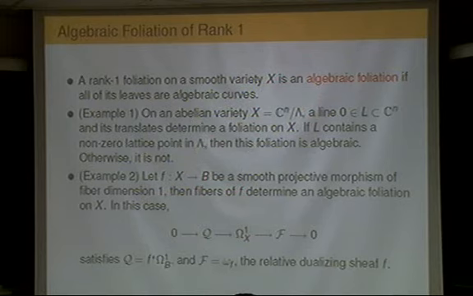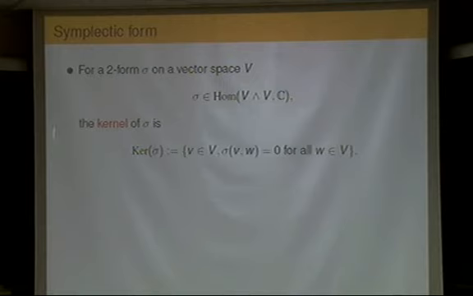Anyway, that's about foliation. Now I'll explain the symplectic geometry a bit. Let's start with symplectic form. This is something we saw this morning in Song's talk. But let me recall the definition.